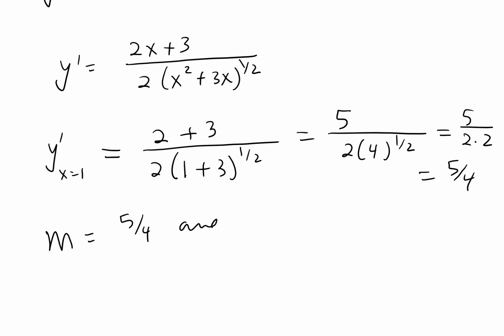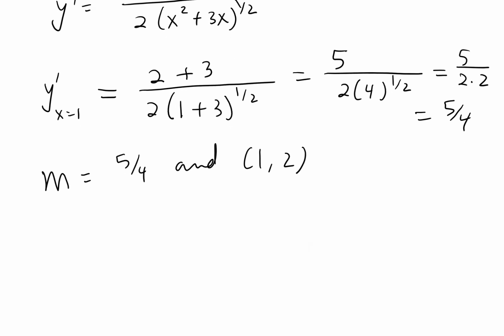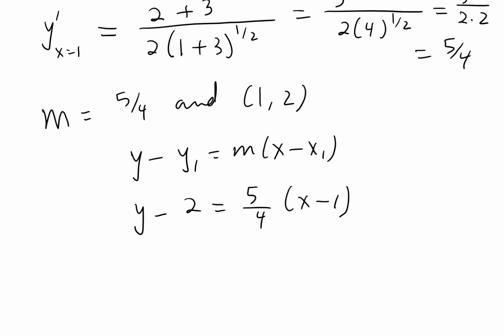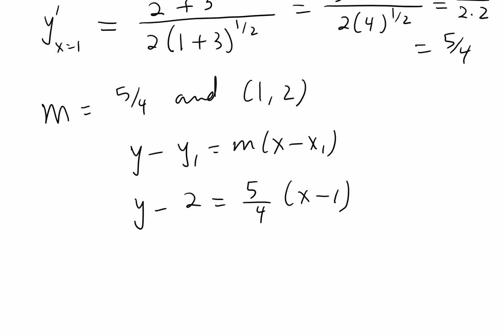And the point that was given to us was (1, 2). As soon as I know the slope and the point, I can find the equation using y minus y1 equals m times (x minus x1). So y minus 2 equals 5 over 4 times (x minus 1). And it would be best if we can write this final answer in the form y equals mx plus b.